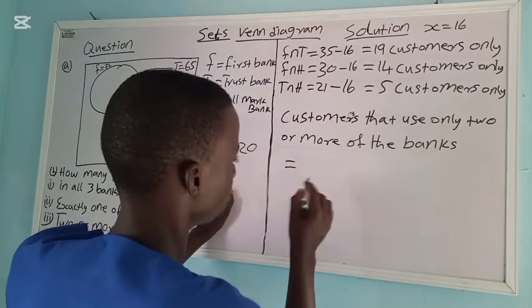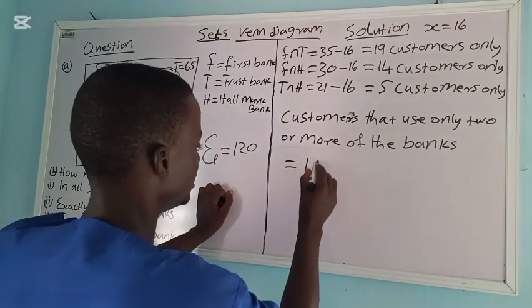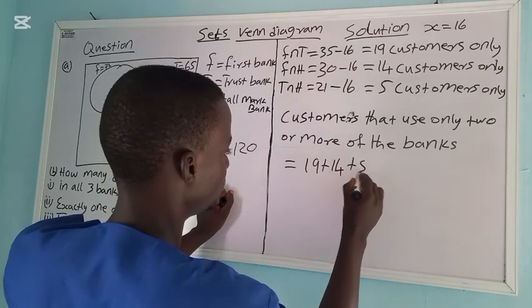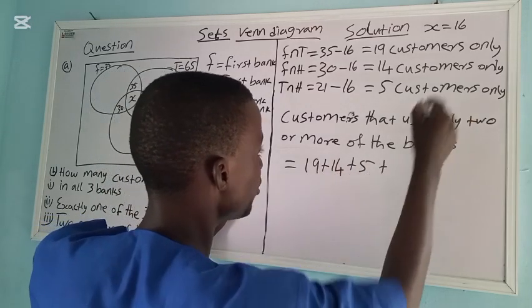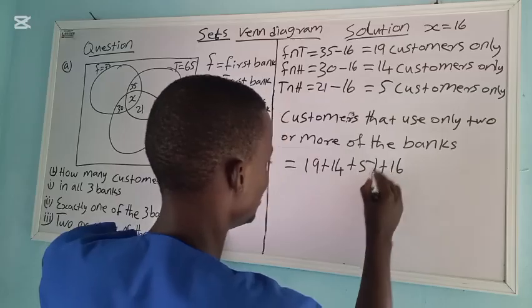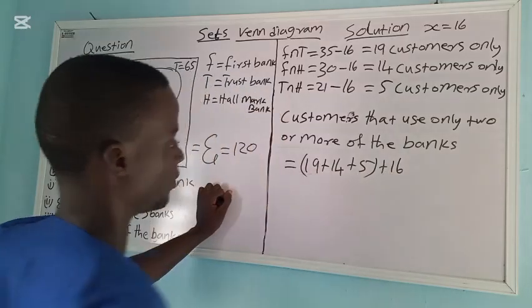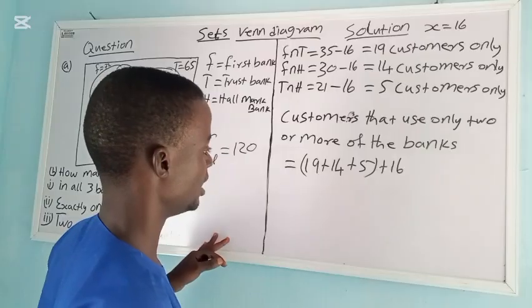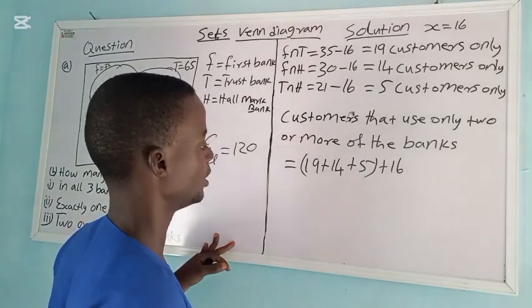So we have is equal to, we'll have 19 plus 14 plus 5, then plus 16. This is for the 2 and this one is for the 3. So now we'll sum it together and then see what we got.